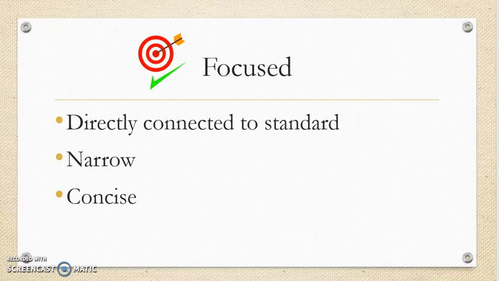So when we think about the idea of focused, knowing that our standard should be coming from that SACS curriculum map. I may be within a number sense unit. On my map, it's going to show that my unit is number sense, but it's going to list multiple different standards that fall within that unit.